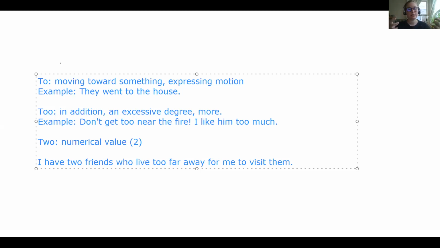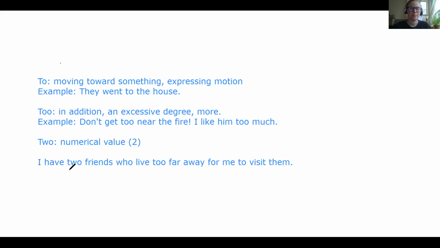In that context, we just learned about countable nouns, and friend is a noun. It has an S at the end, so it's plural. And so two lets us know how many friends I have. I have two. I have two friends who live too far away.